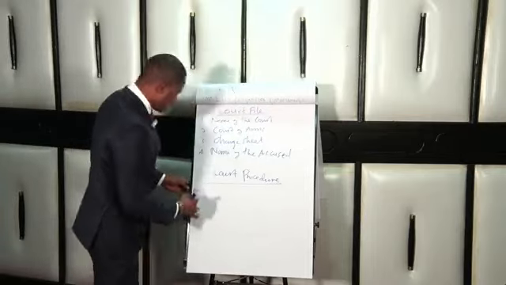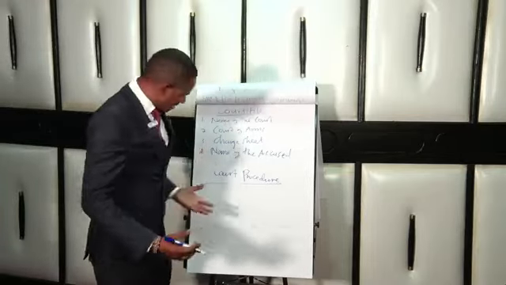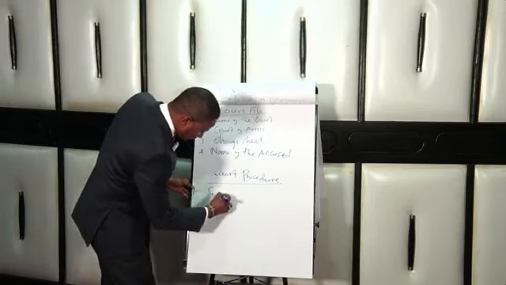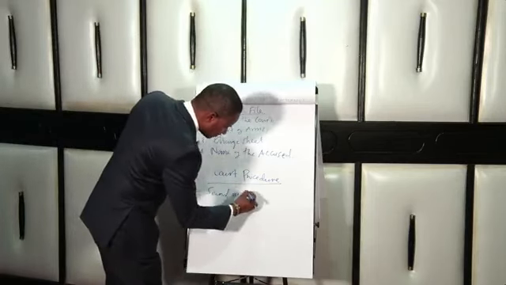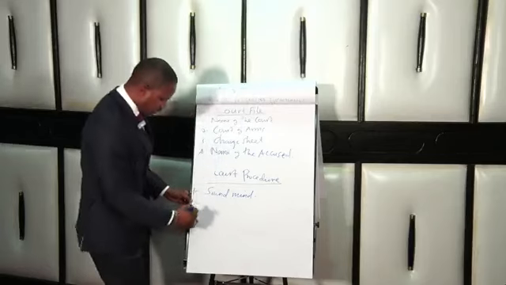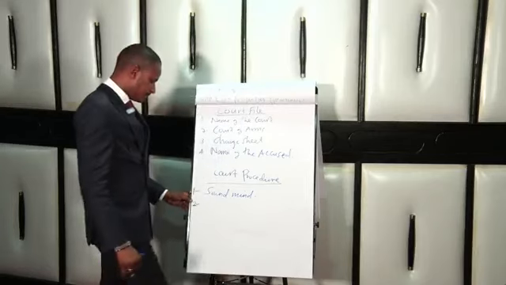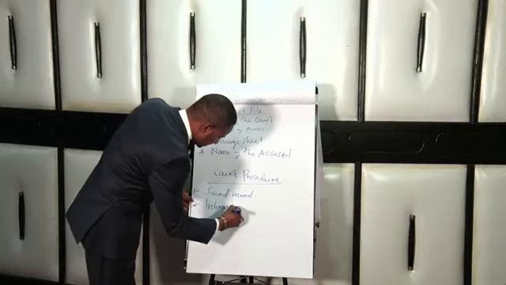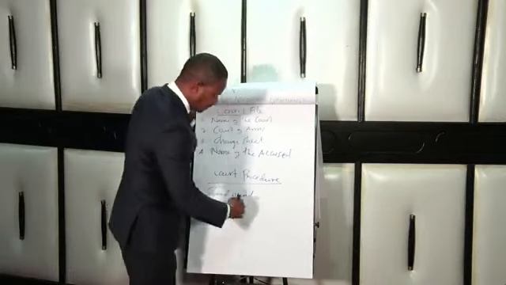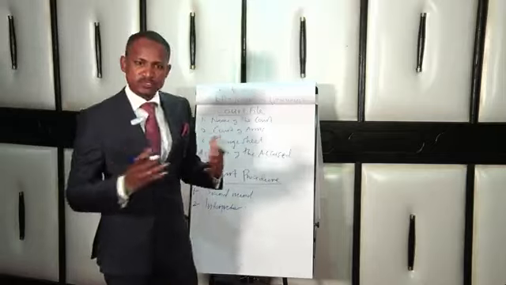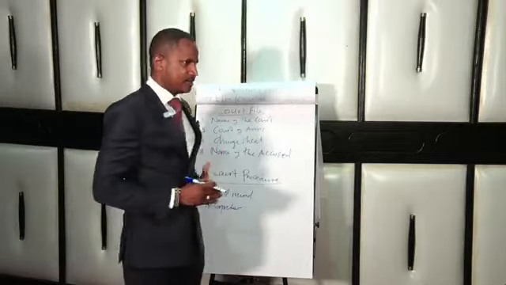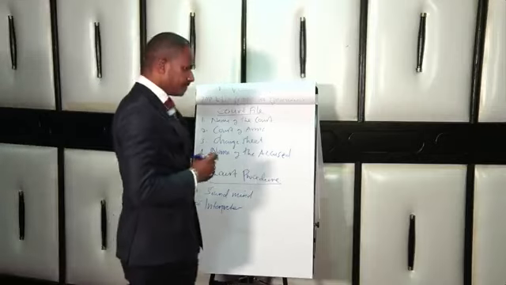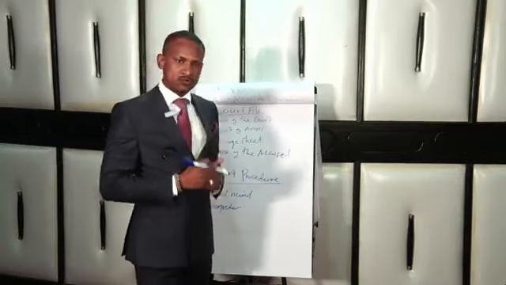Number one, they must check and ascertain that you are of sound mind, and that you can take plea. Number two, there must be an interpreter. In case you don't understand the language of the court, an interpreter must be there to interpret what the charge sheet is talking about.